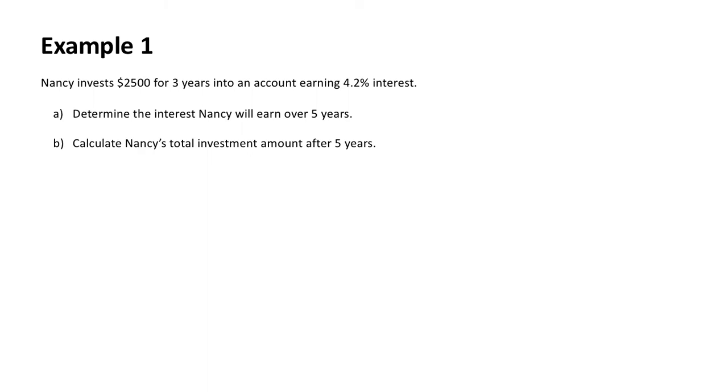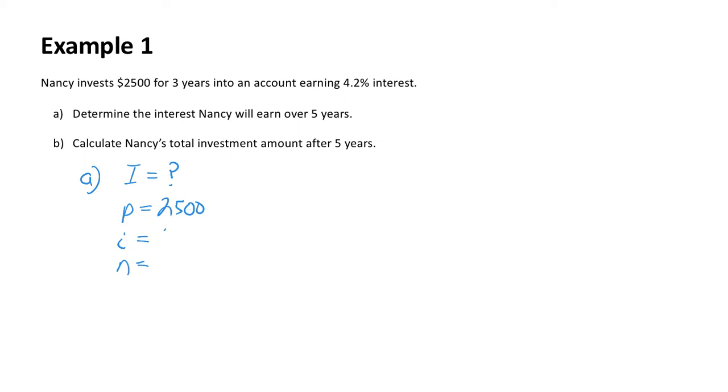Looking at part A and calculating the interest, what I like to do when I'm doing simple interest calculations is start out by writing out my formula vertically. So I, and then P, R, and N, and then fill in the information that I have and don't have. I don't have my interest amount, but my principal, my starting balance, is $2,500.